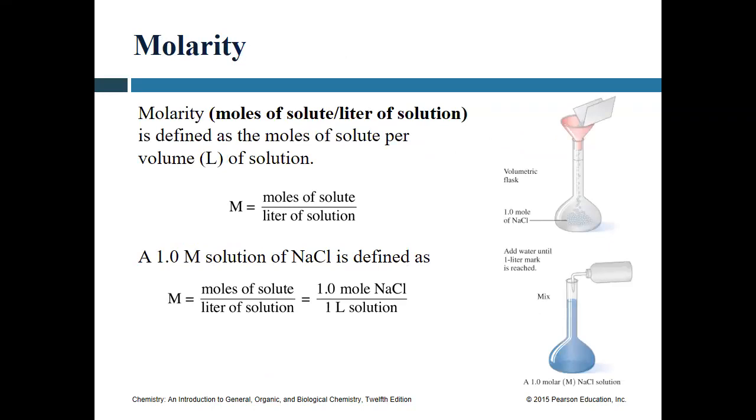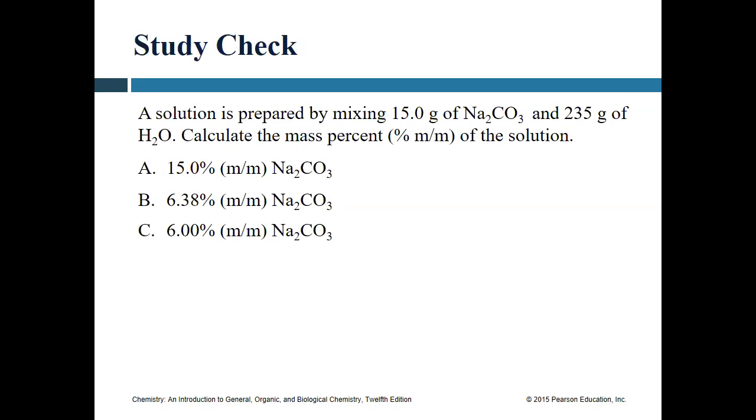All right, let's go back to that example then. A solution is prepared by mixing 15 grams of sodium carbonate and 235 grams of water. Calculate the mass percent of the solution. Okay, in this case, we've been given solute, which we know to be the sodium carbonate because it's in the lesser amount, and solvent, which we know to be water because it's in the greater amount.